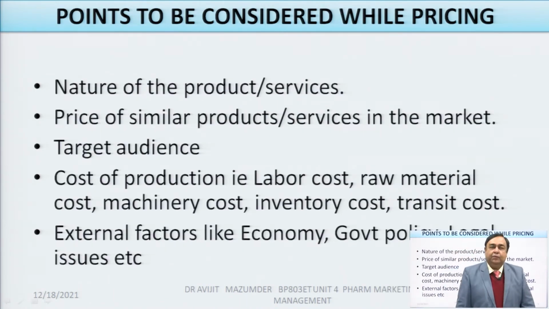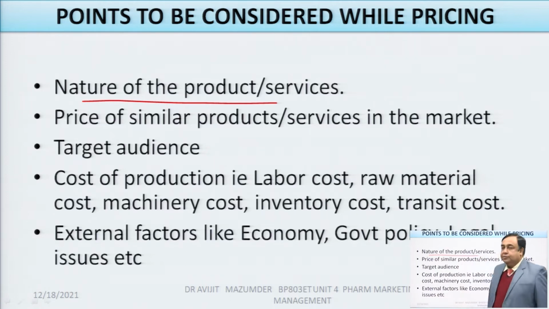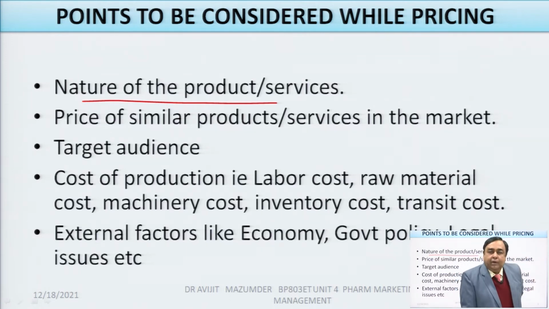Let us see what are the factors or points which we consider whenever we are determining the pricing of a product. The first is the nature of the product. This is a very important factor. Depending on the nature of the product, you need to fix the price, because the price of gold and the price of a pen can never be the same.